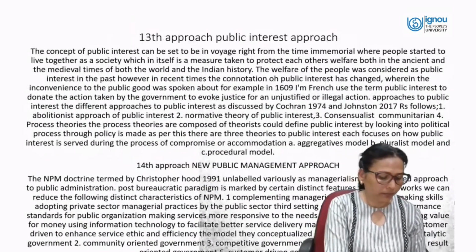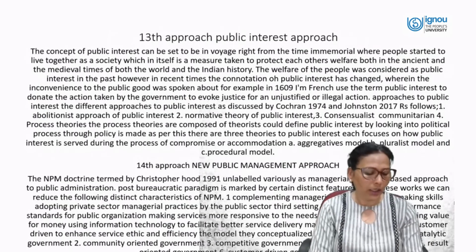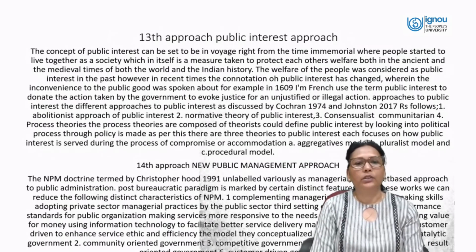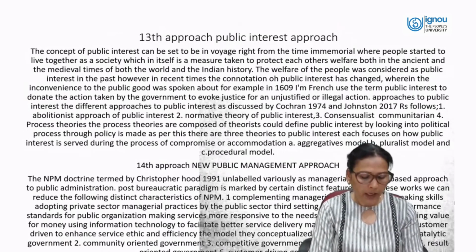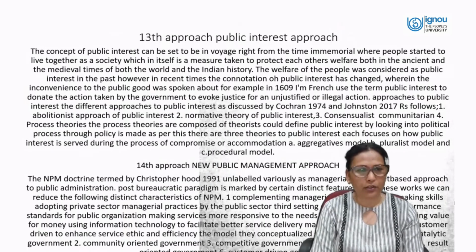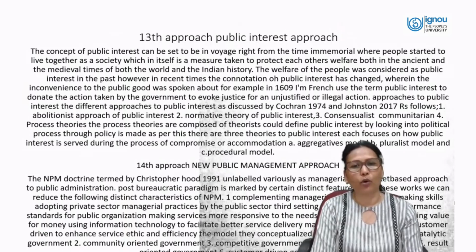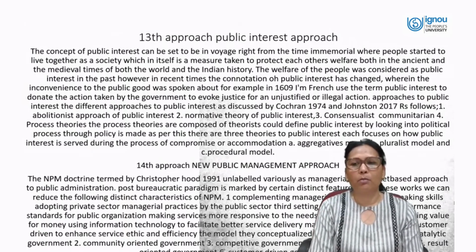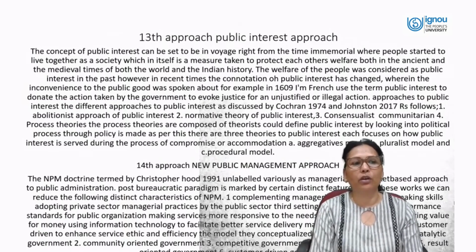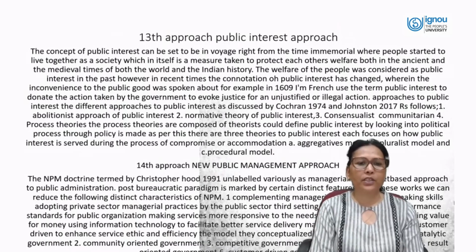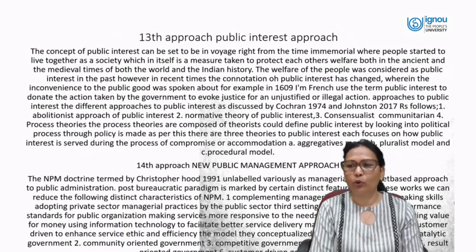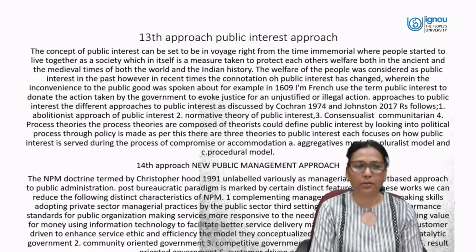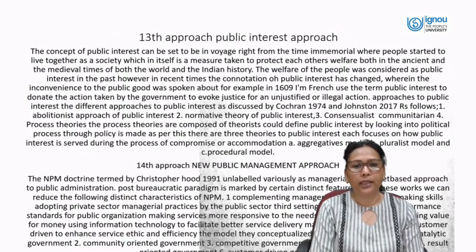Next was the 13th approach, the public interest approach. Now, the concept of public interest can be said to be a voyage right from time immemorial, when people started to live together as a society, which in itself is a measure taken to protect each other's welfare, in both the ancient and medieval times of the world and Indian history.